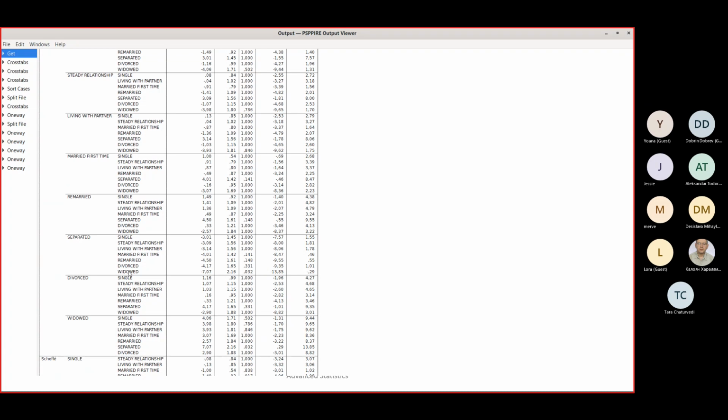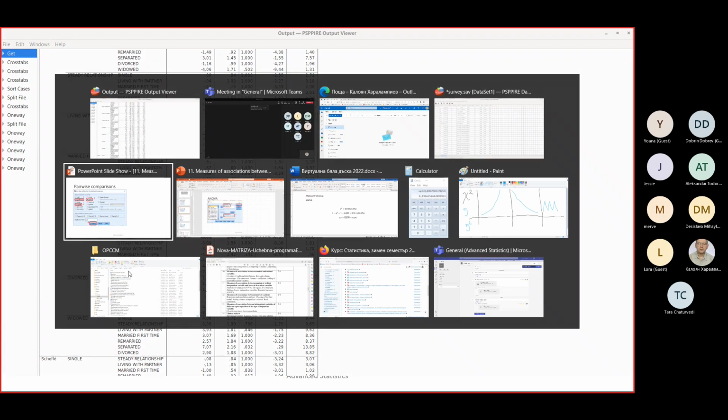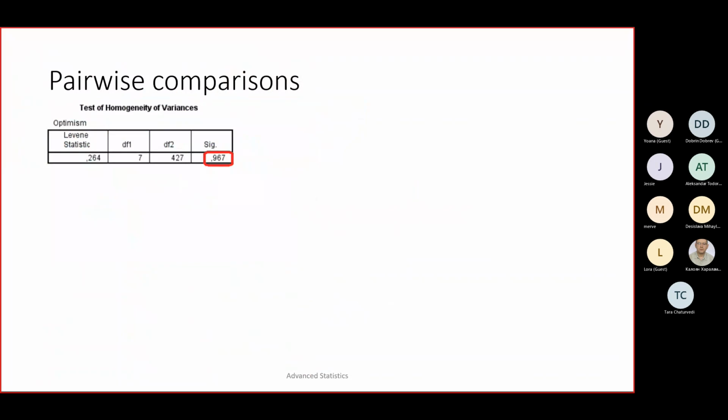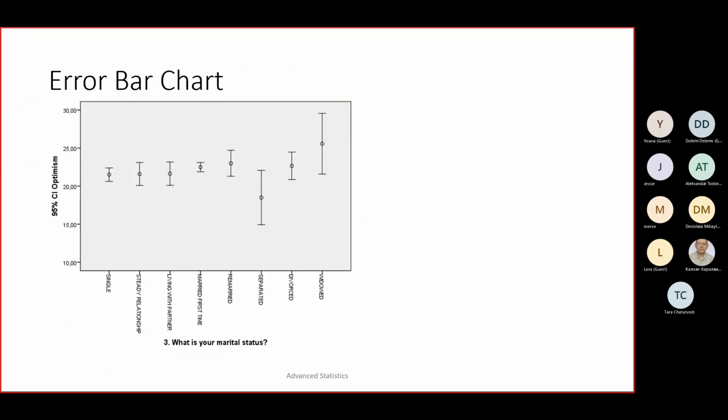So there is a statistically significant difference between separated and without, and we can see this on the chart. On the chart here, a statistically significant difference between separated and without.